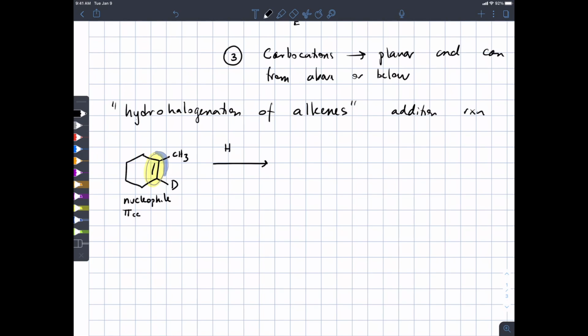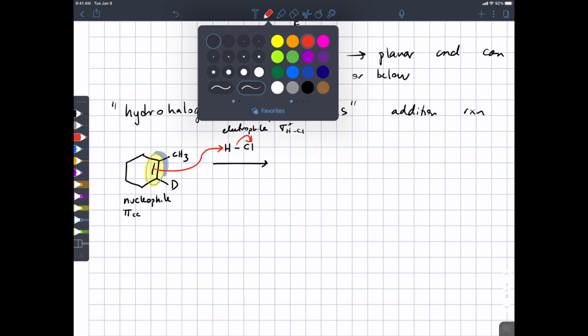The electrophile that we're going to use, let's choose HCl. It could be HBr. The relevant orbital in the electrophile is the hydrogen-chlorine sigma star. The pi electrons will attack that sigma star at hydrogen so that chloride can be the one that leaves with its electrons.